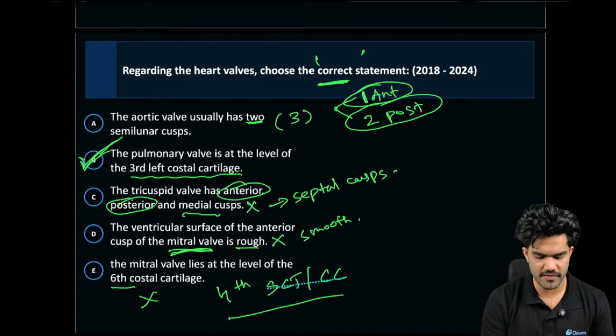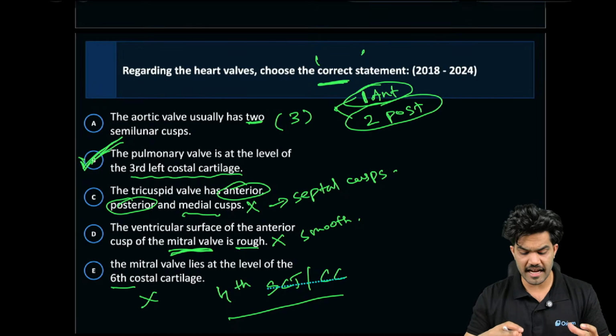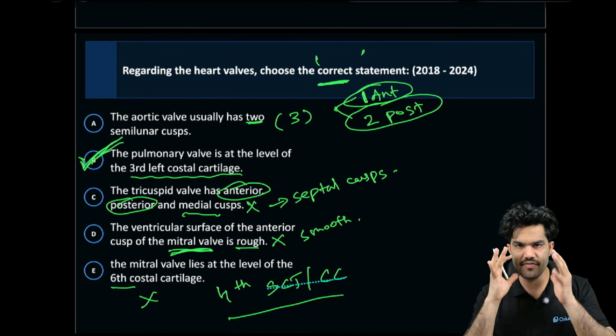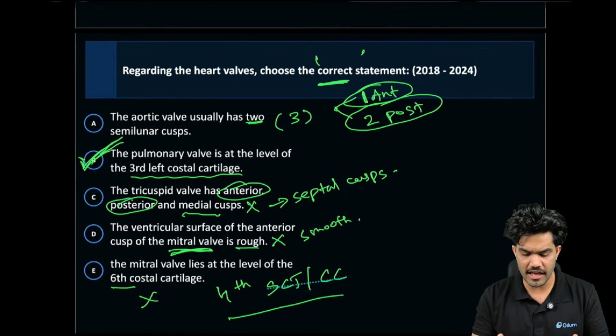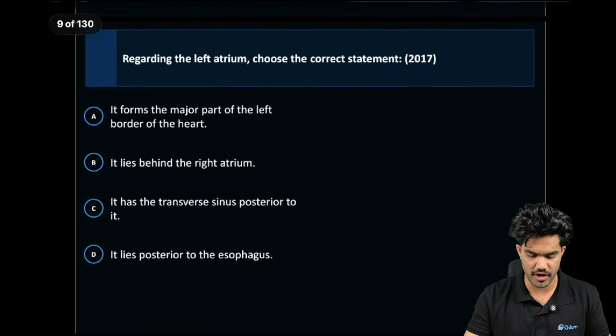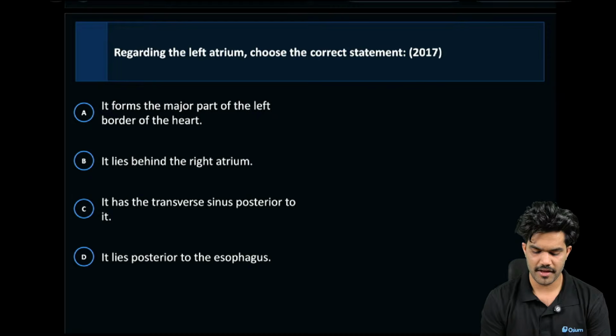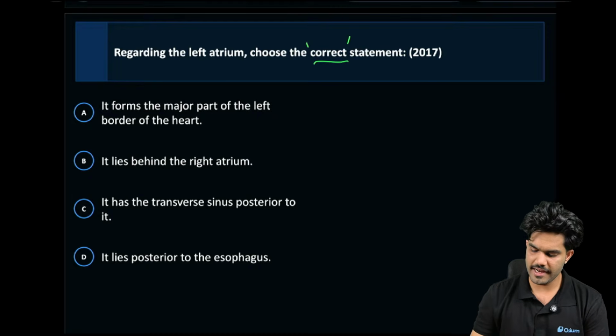So the right answer will be B. I have discussed 5 options, so we can get any option as a question, so we are discussing deeply every option. Now, regarding the left atrium, they are asking for the correct statement.